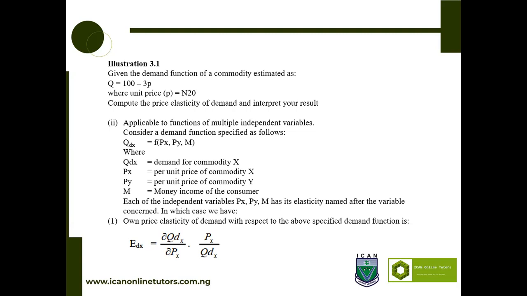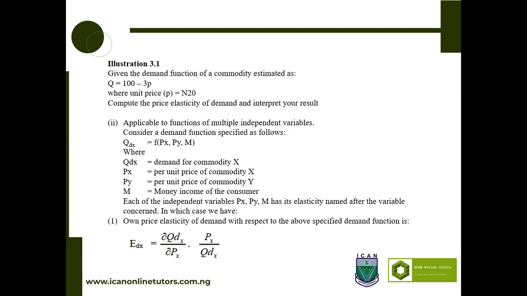So each of these variables, demand for commodity X, price of commodity X, price of commodity Y, and money income of the consumer, has its elasticity named after the variable concerned. And these names are mentioned below. We have the own price elasticity of demand, the cross elasticity of demand, and the income elasticity of demand.